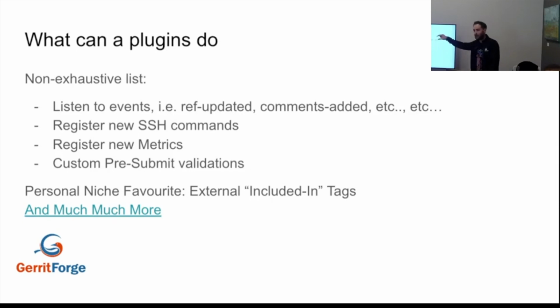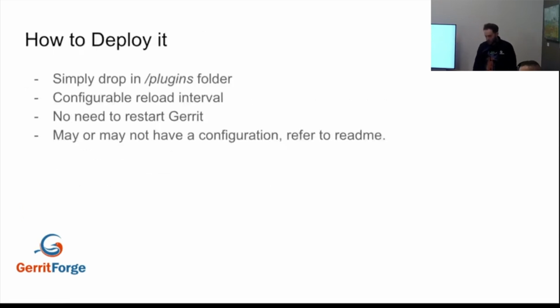You can plug in extra tags. Like, if you've got your external build system and you've got some tags, let's say, that you create that Gerrit wouldn't know about, you can plug that in, and then that could be handy for some developers to know which version of your code that commit was included in. There's much more, there's a whole set of documentation, we're not going to be able to cover it all today, but here we go.